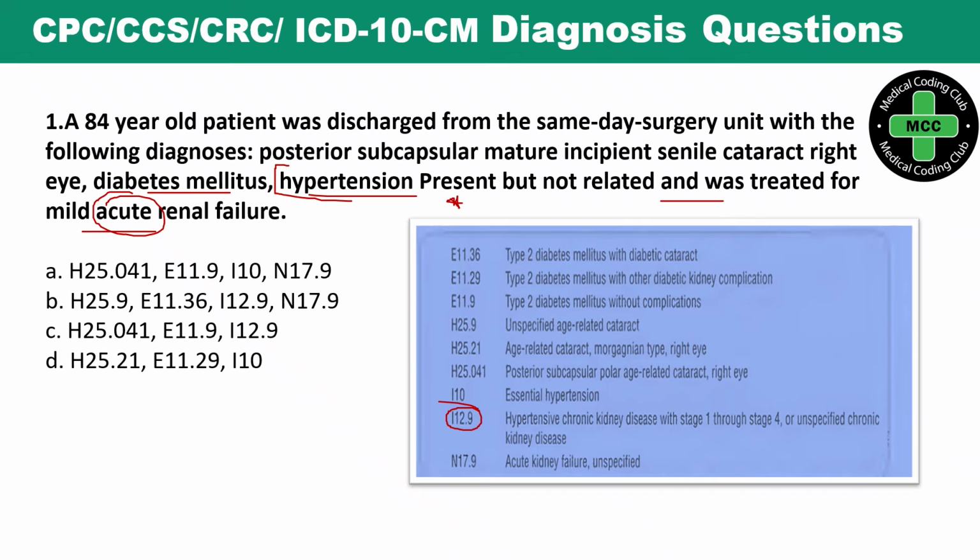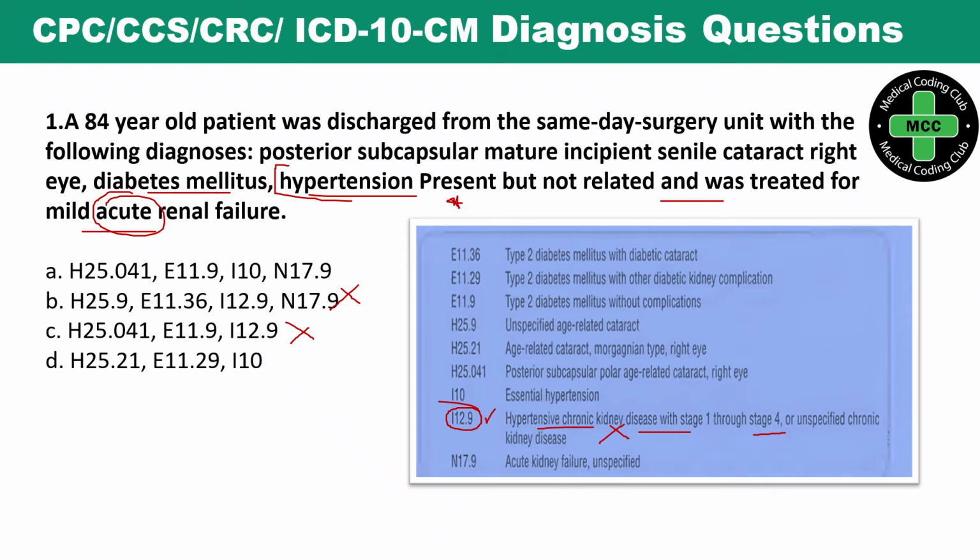I12.9 is a combination code that specifies hypertensive chronic kidney disease stage 1 to stage 4. So this combination code you cannot use. If you can't use I12.9, then you can eliminate option C and option B.